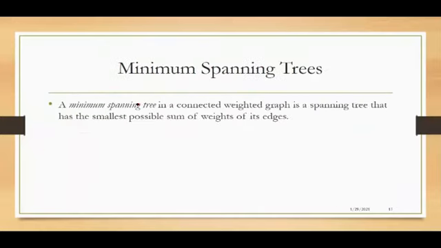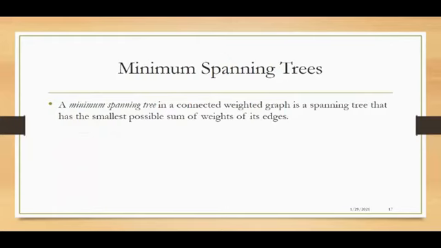Now, what is a minimum spanning tree? A minimum spanning tree in a connected weighted graph is a spanning tree that has the smallest possible sum of weights of its edges. So basically, we will try to find a minimum spanning tree for a weighted graph. We have 2 algorithms for constructing minimum spanning trees.